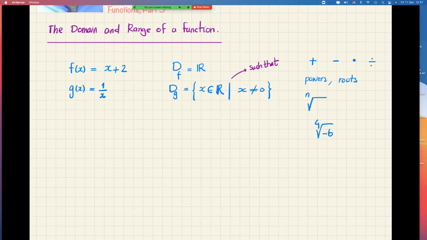And for example, is -6 to power 1/4 defined? If you remember, we also talked about this. This number to power 1/4 is actually another name for this one. So this is also not defined. You see, these are not defined. So we have some limitations when it comes to roots and powers, and you need to be careful about them.